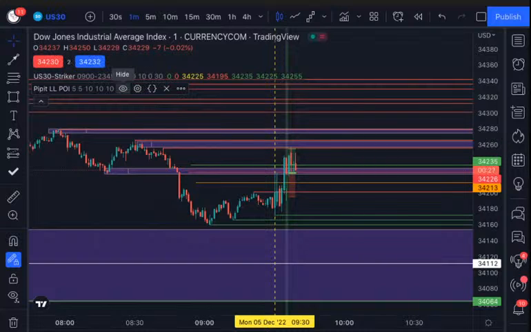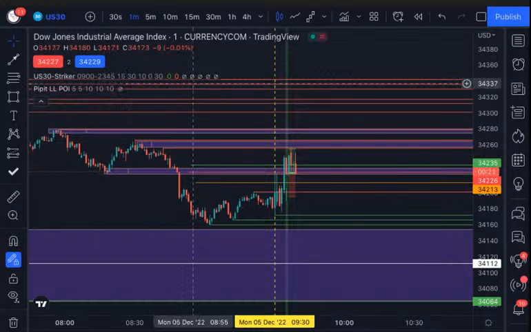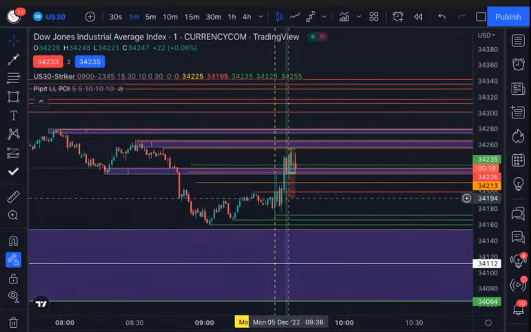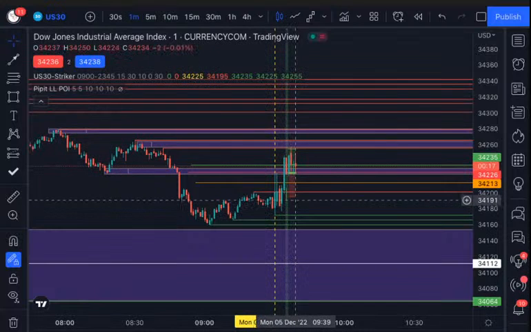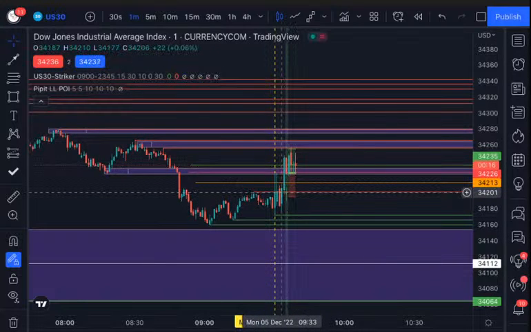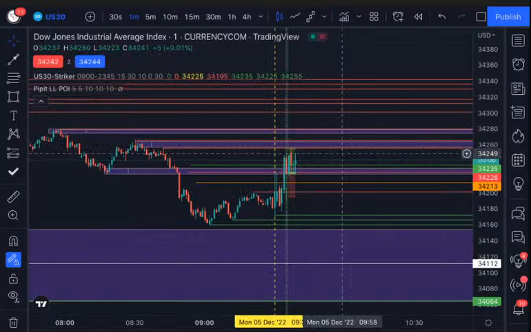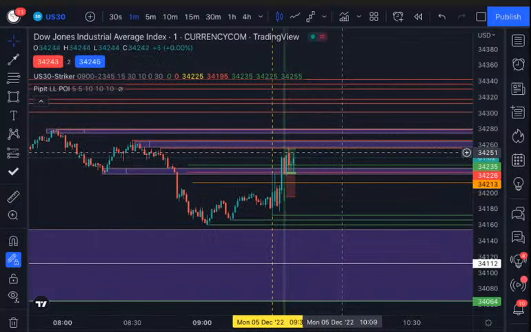If it finds some type of support right there in that zone, or if it breaks down, you might find some support at that level, 34201, and then continue up. Yeah, that would be nice.